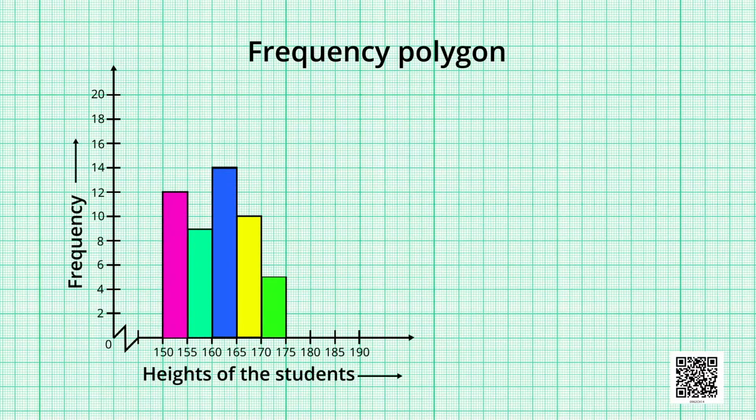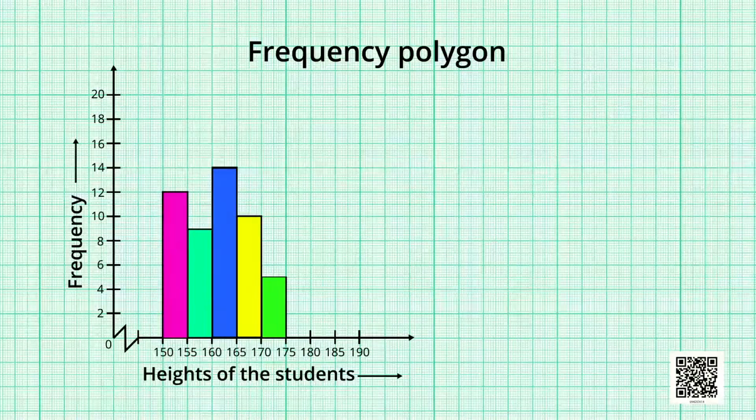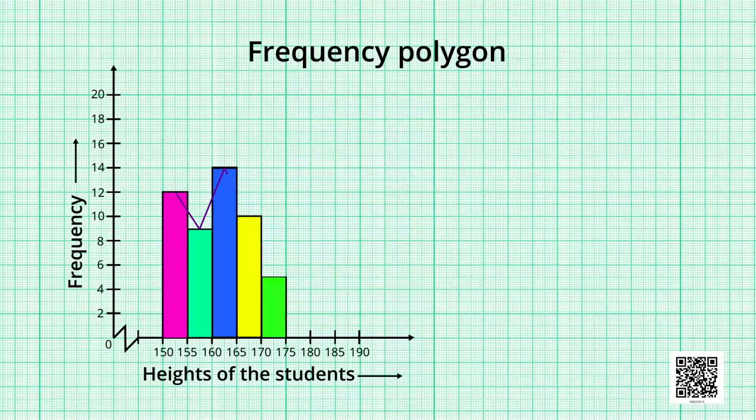Just look at the histogram that we made earlier. Children, in this histogram, join the midpoints of the upper sides of the adjacent rectangles.